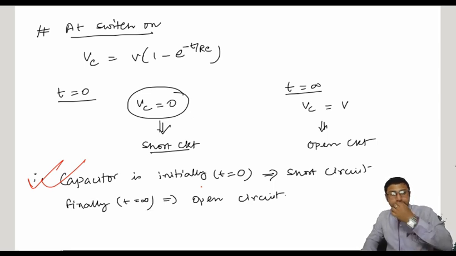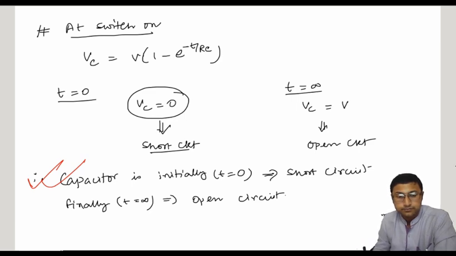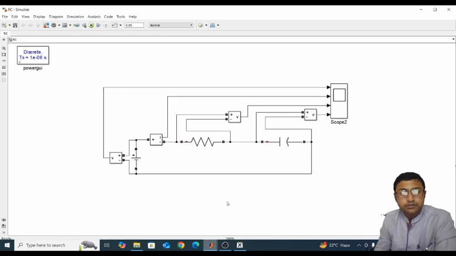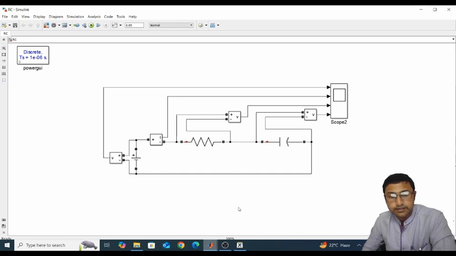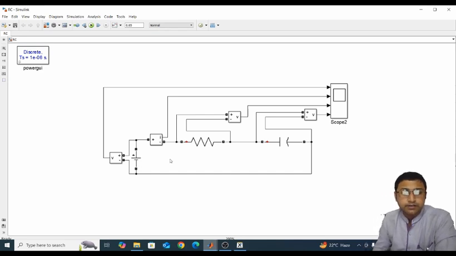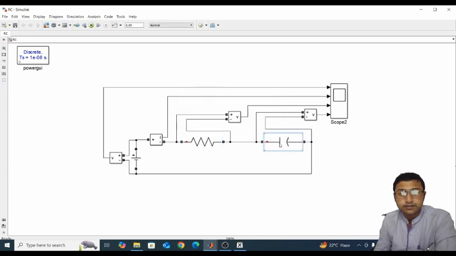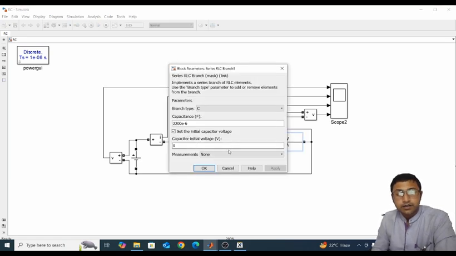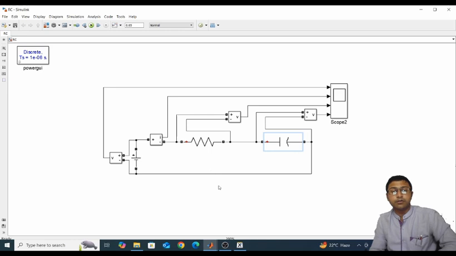So now if I check the same result on simulation, what will be the simulation result? Look, this is the circuit of series RC circuit. Here the supply voltage is 10 volt, R is again 2 ohm, and C is 2200 microfarad, and we set the capacitor initial voltage as 0 volt, right?